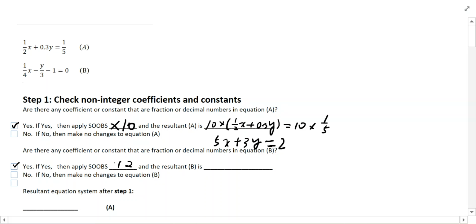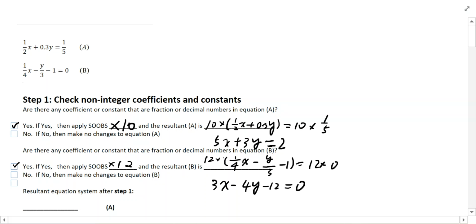So we basically times 12 on both sides. So it's 12 times 1/4 x minus y divided by 3 minus 1 equals 0. You distribute it in, so you get 3x minus 4y minus 12 equals 0. So this is the resultant B.